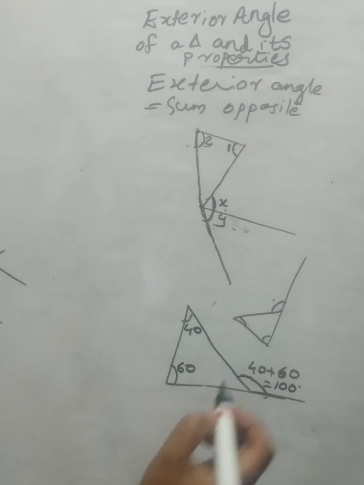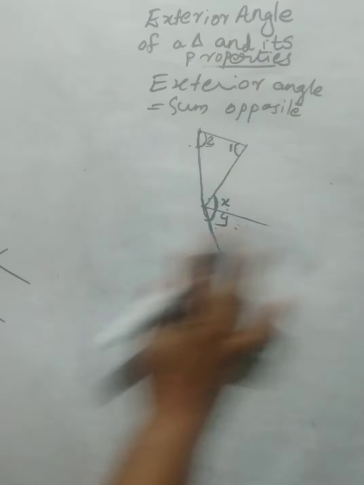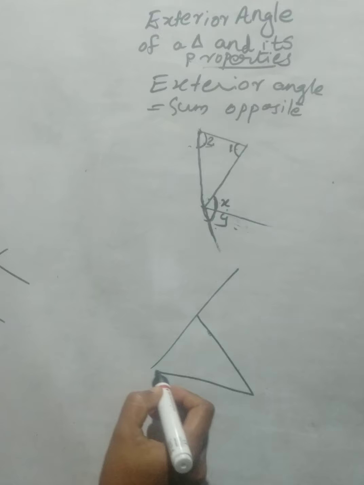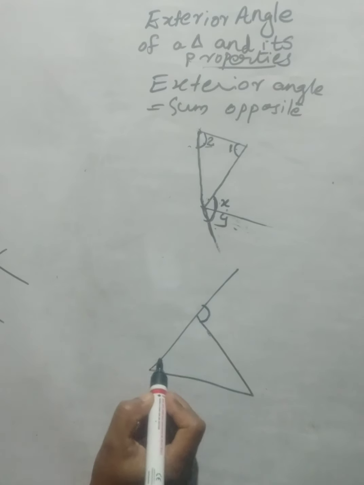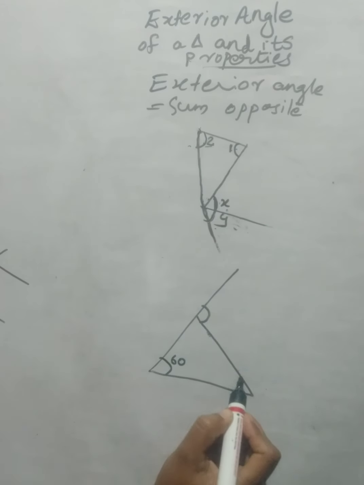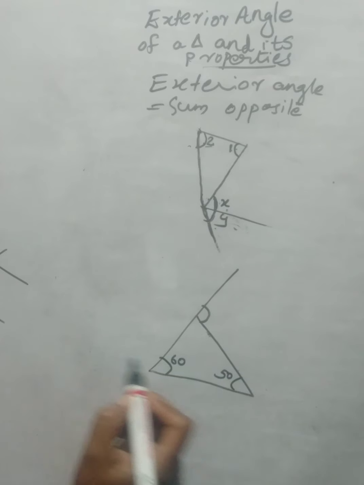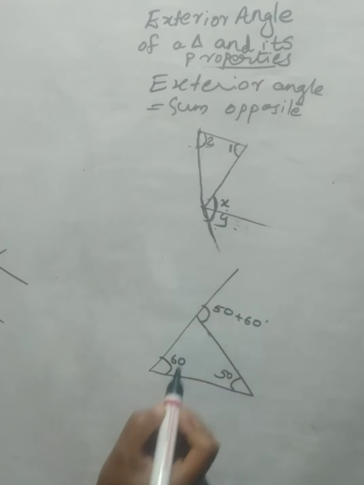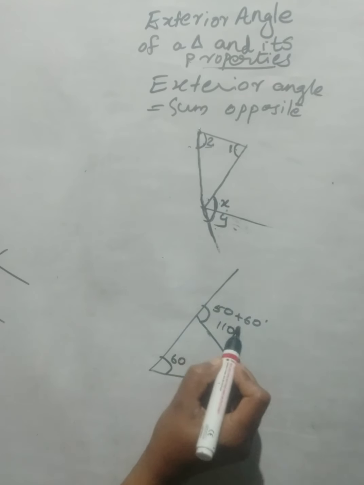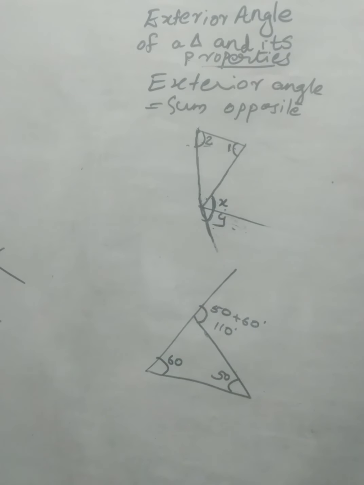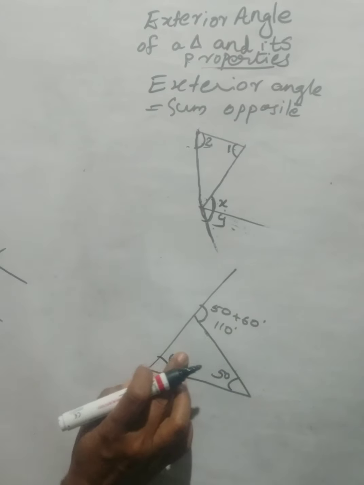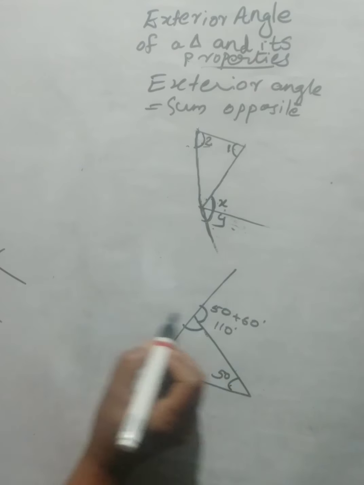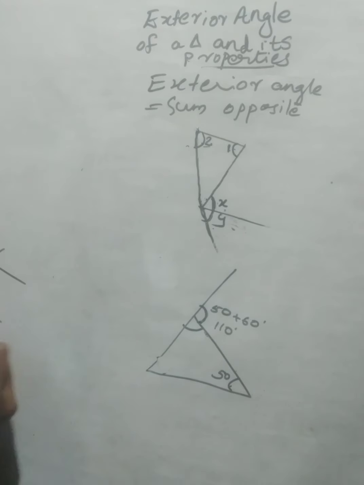Okay, and next example. Here we can give this one as 60 degrees, and if this is 50 degrees, we can say here the angle will be 50 degrees plus 60 degrees, that is 110 degrees. Okay children? But here is one angle and here another angle, and we have to find this angle.